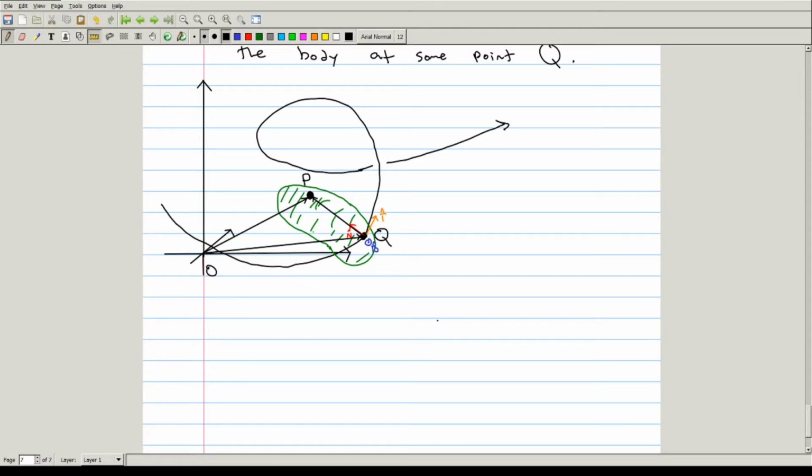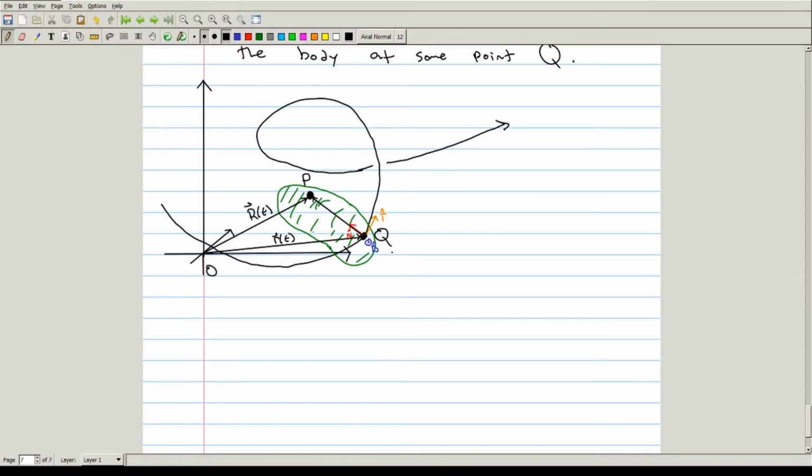So first off, we will describe the position vector of point P as capital R of t. We'll describe the position vector out to point Q as lowercase r of t. Lowercase r of t is connected to this tangent, normal, and binormal frame, the Frenet frame, through the formulas that we talked about before.